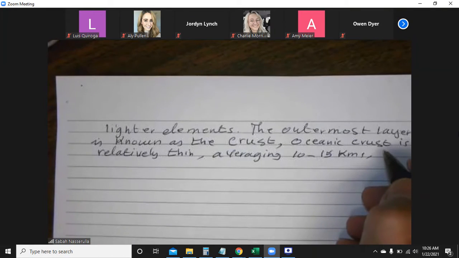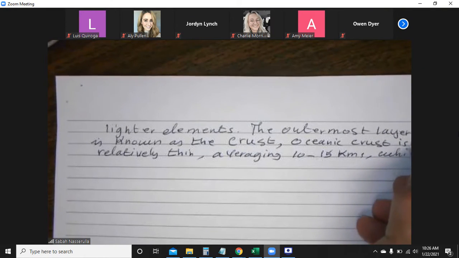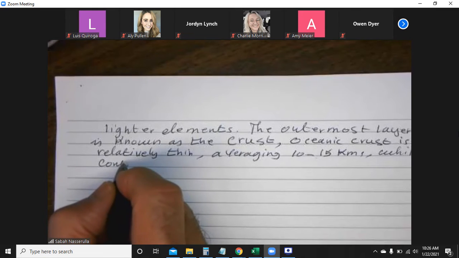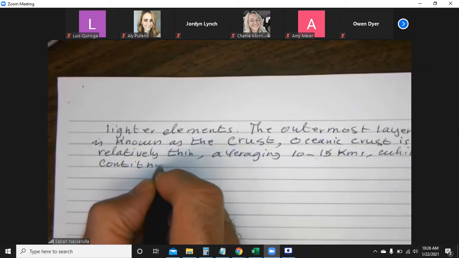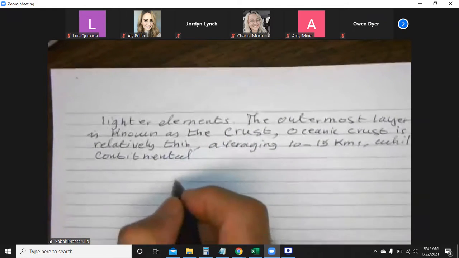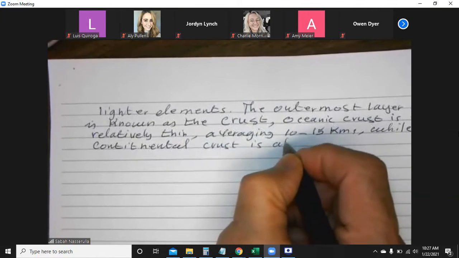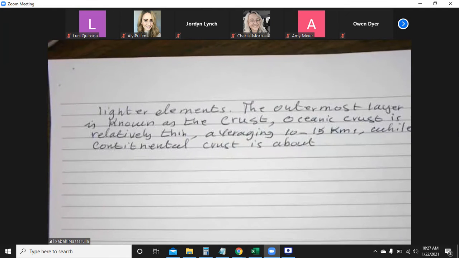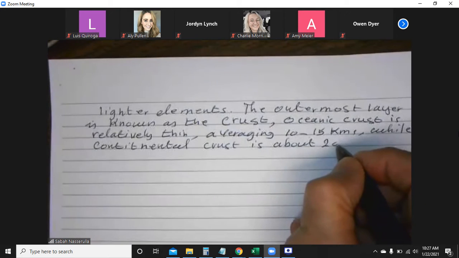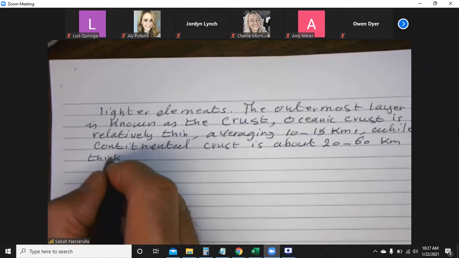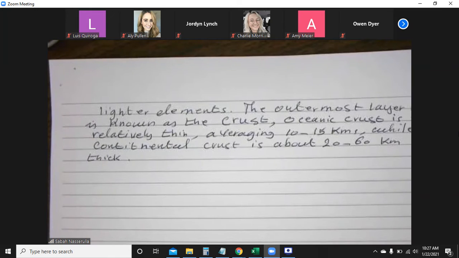Now, while the continental crust is about 20 to 60 kilometers thick. And simply, we're going to talk about here, basically the Earth's crust is very complex.